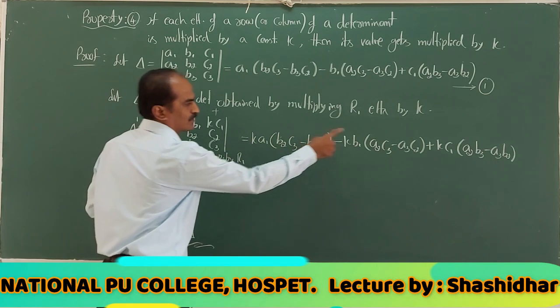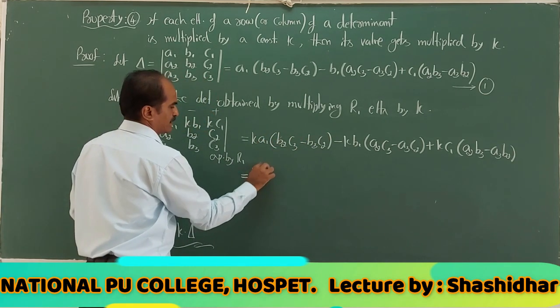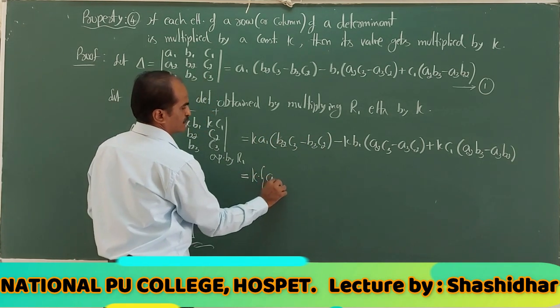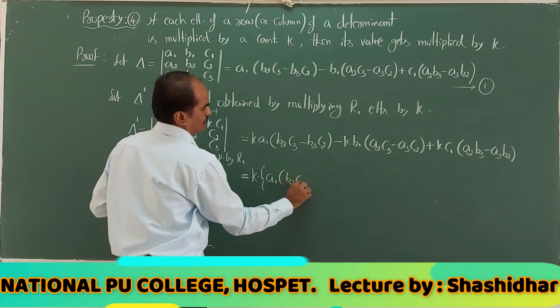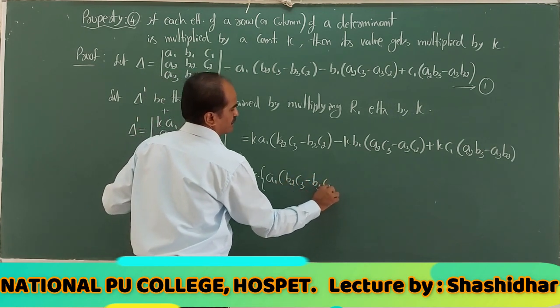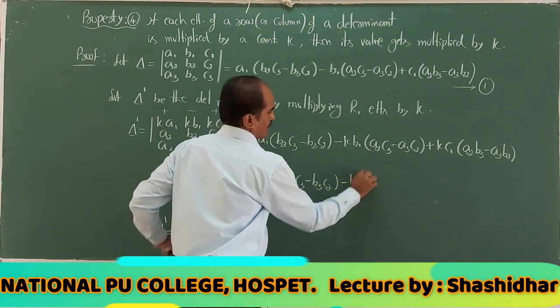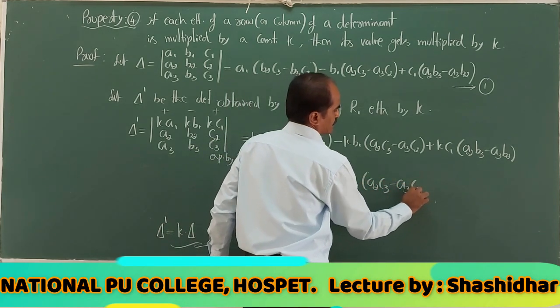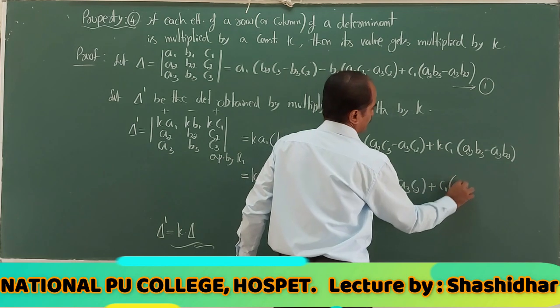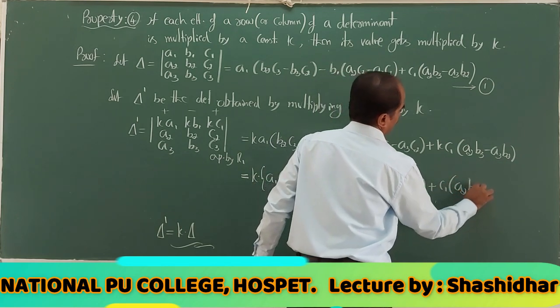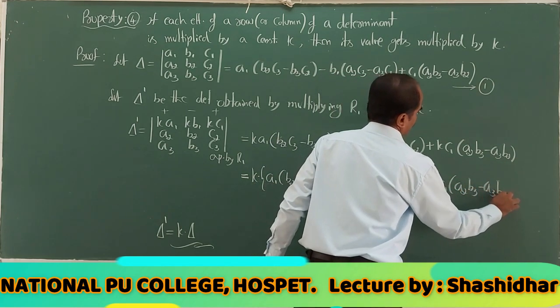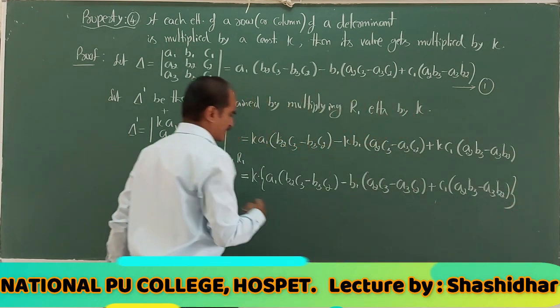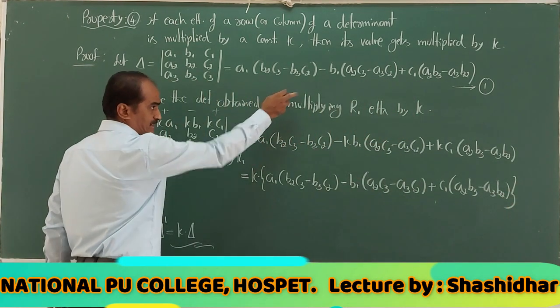Now observe all the terms, they contain k. I am taking k common. K times of A1 into B2 C3 minus B3 C2, minus B1 into A2 C3 minus A3 C2, plus C1 into A2 B3 minus A3 B2. Look at the expression inside the brackets. It is same as that.